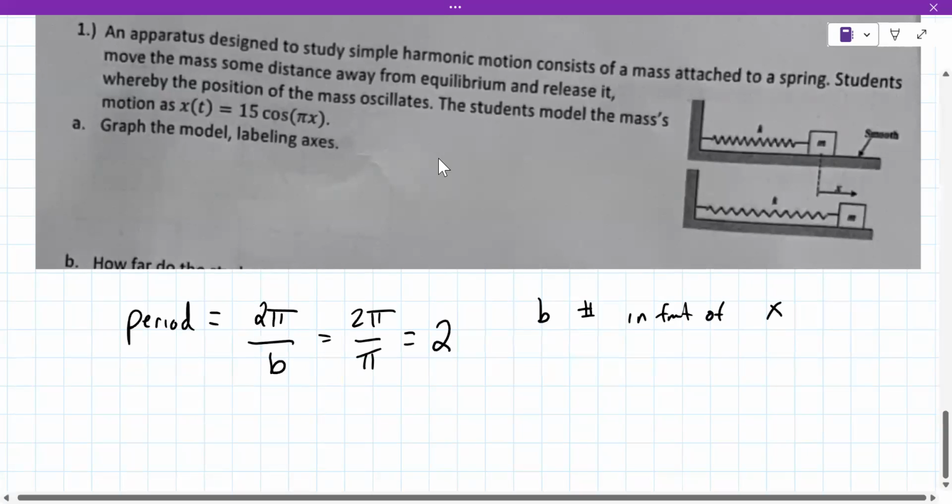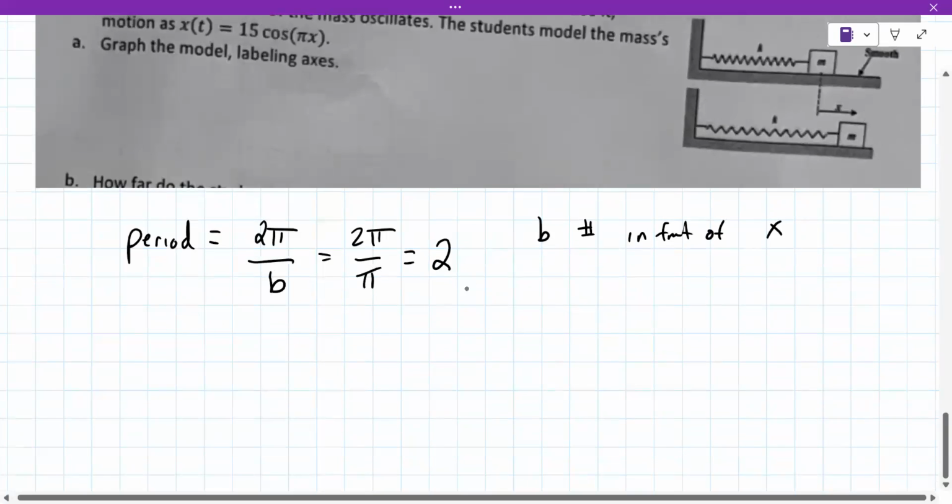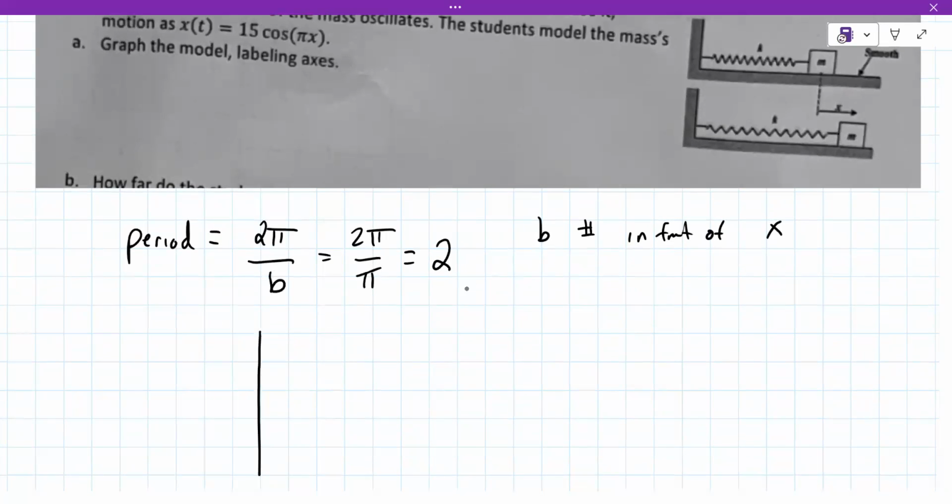The reason you need the period is because when you graph this, you have to know how far out to go. So 1 period is 2. I'm going to take a few liberties with scaling and call that 2 and that 1.